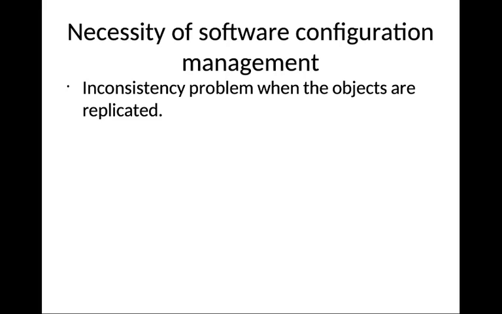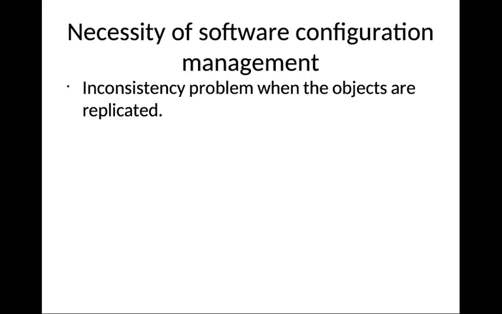Then only can they also change the other parts of the software which they have developed. But if he forgets to intimate the teammates about the changes, then there will be a problem, an inconsistency.